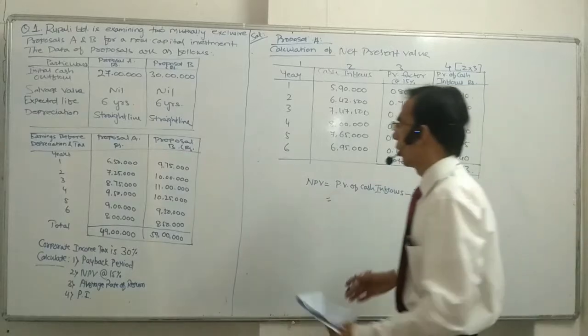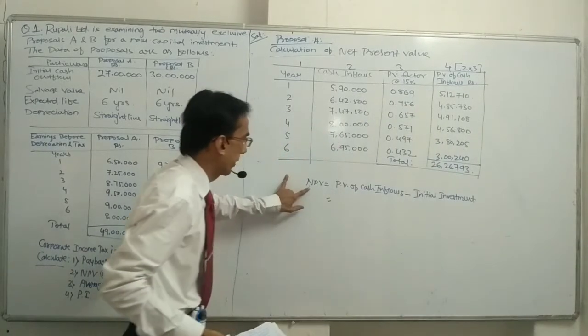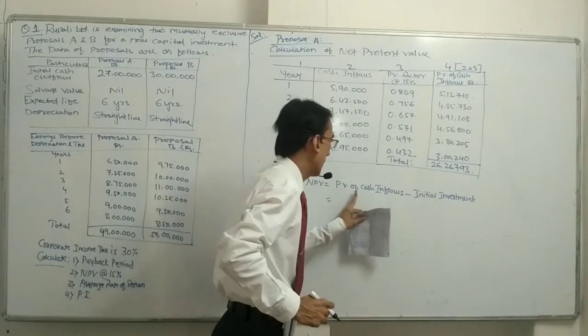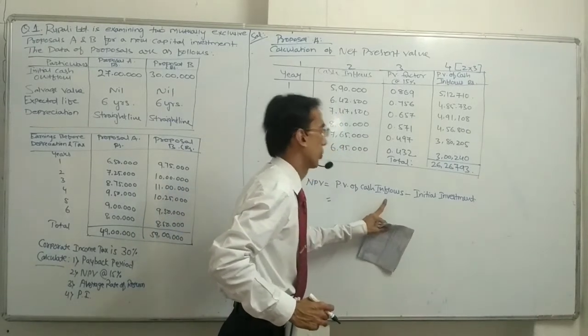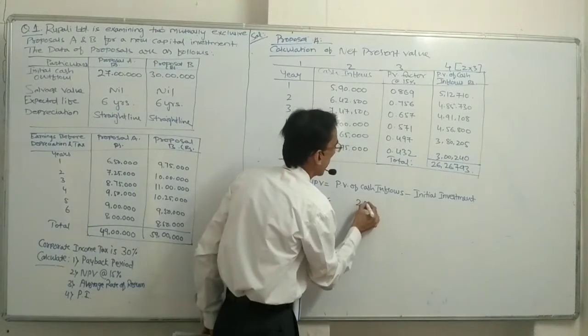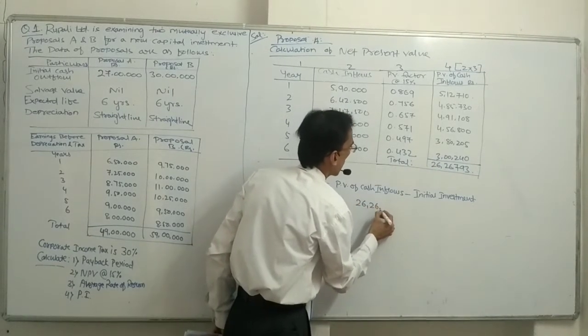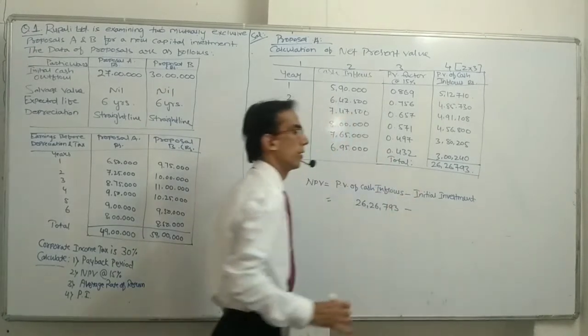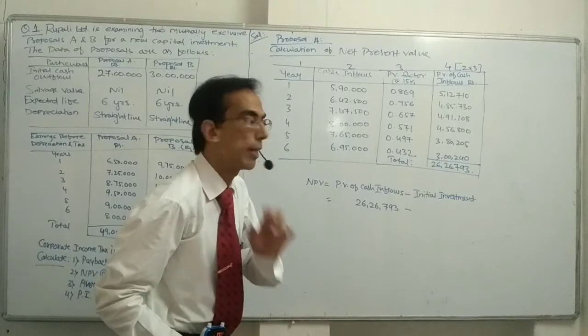26,26,793. Now we need to apply the formula of our net present value, and the formula for net present value is present value of cash inflows, and the present value of cash inflows is rupees 26,26,793 minus initial investment.